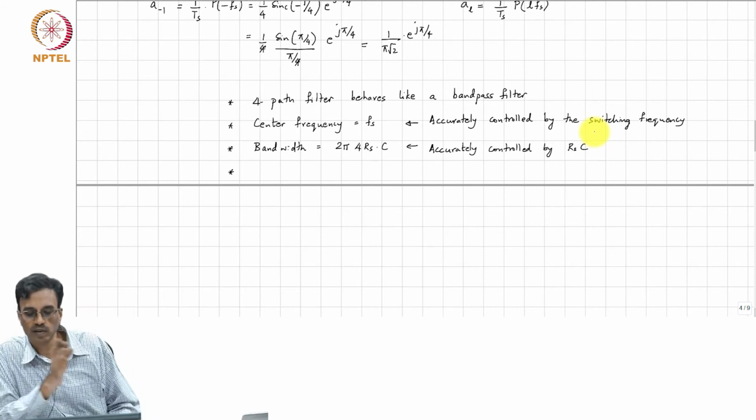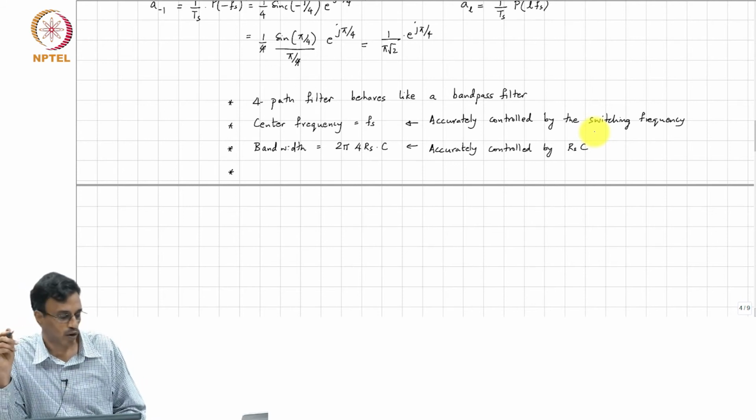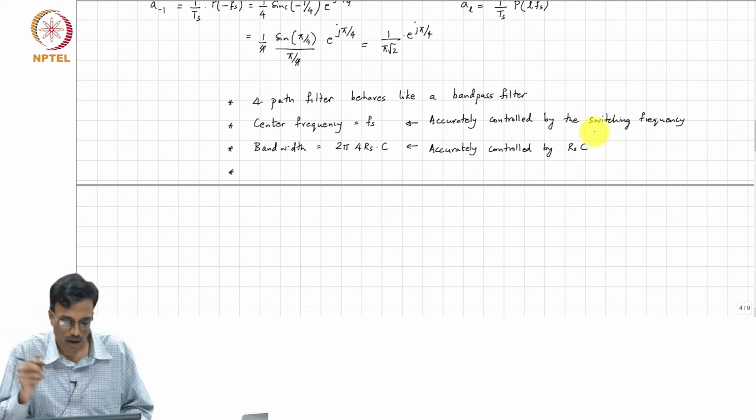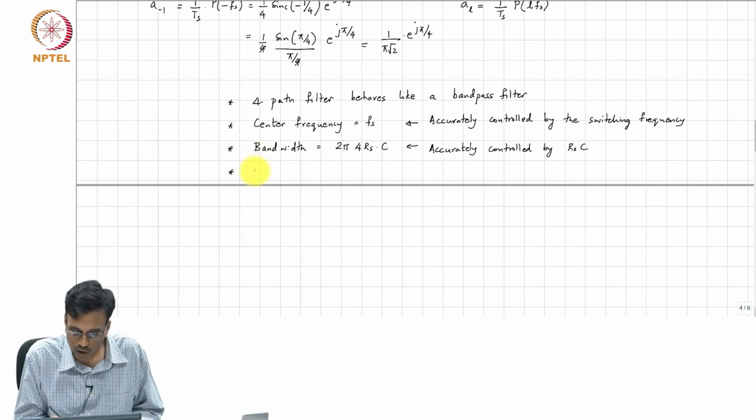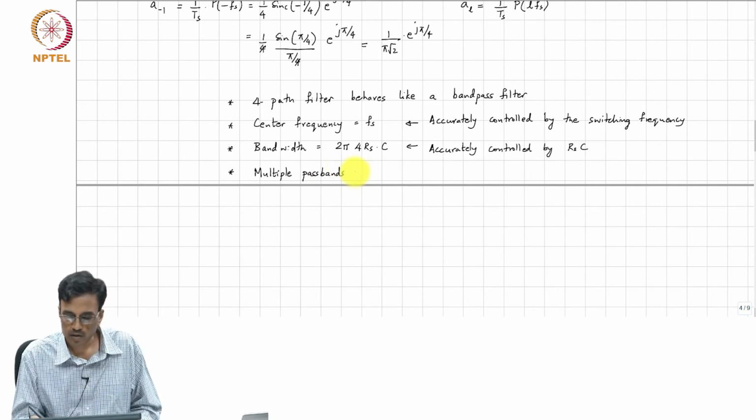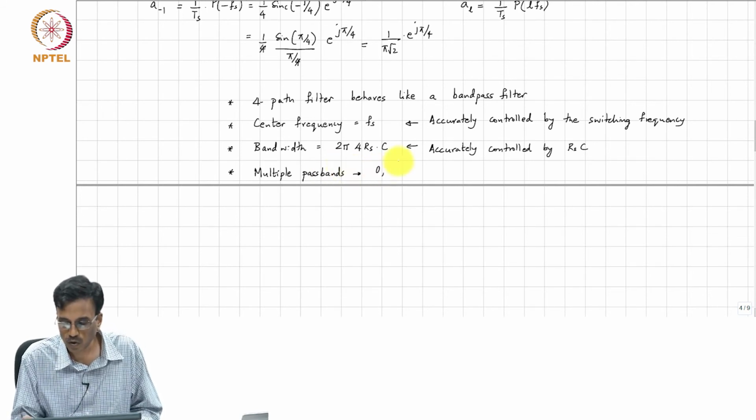So, this now allows us to have a wide programmability. Unfortunately, there are also multiple pass bands, right. So, where are these pass bands? At 0, at Fs, 2 Fs, and so on.